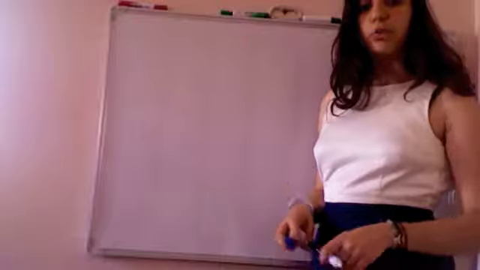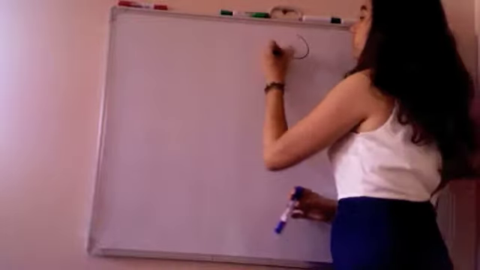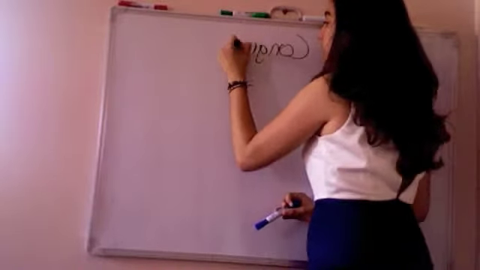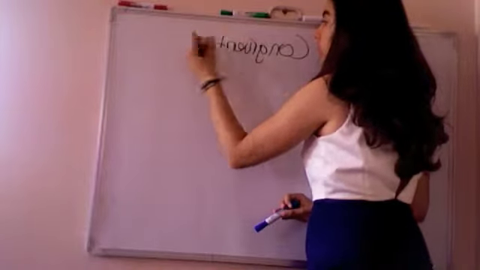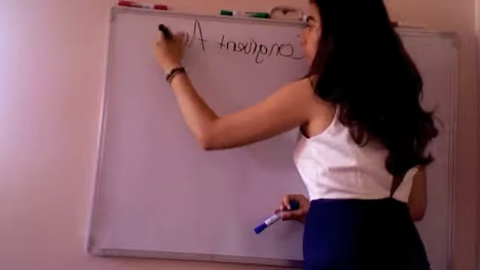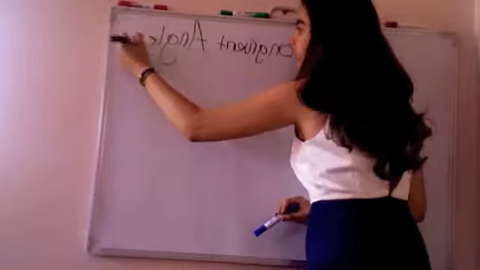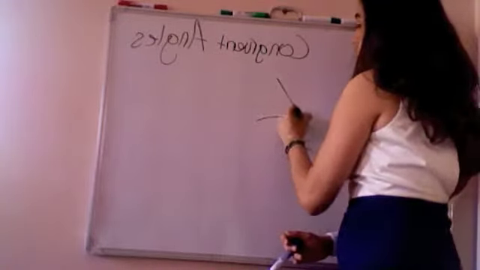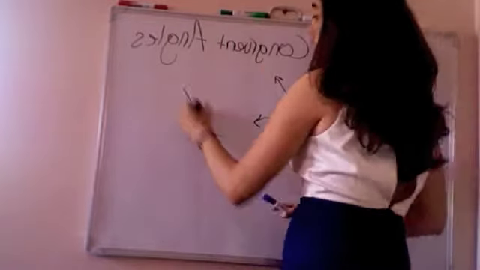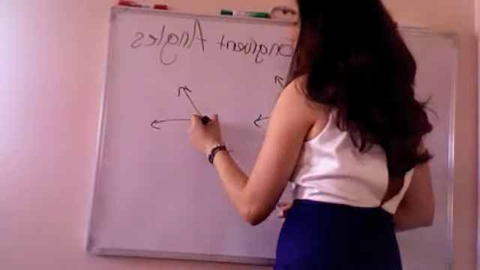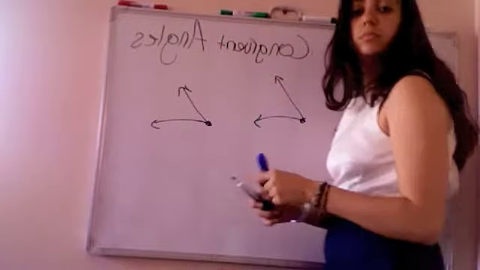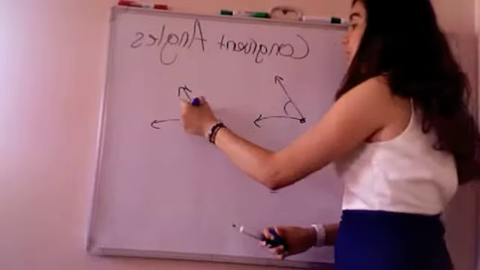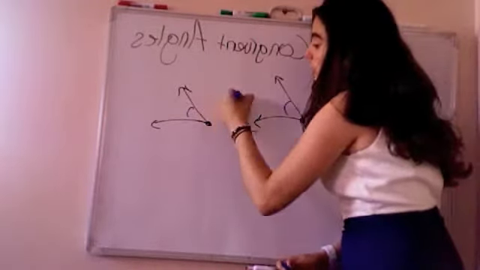Now let's talk about congruent angles. Congruent angles are two angles that have the same measure, meaning that these are congruent.